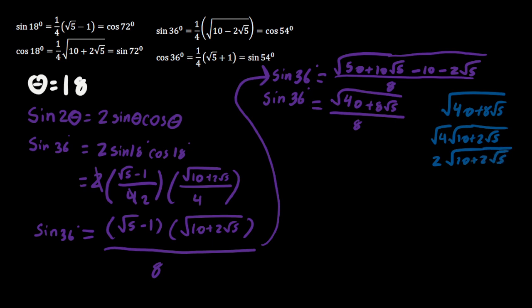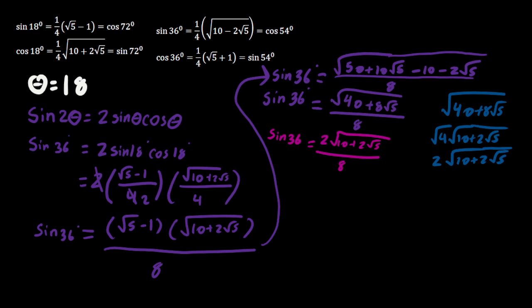Yeah, so we can just say that sine 36 is equal to 2 root 10 plus 2 root 5 divided by 8.